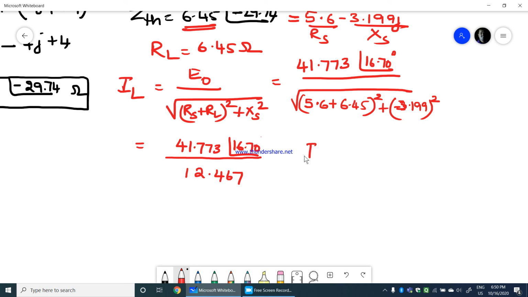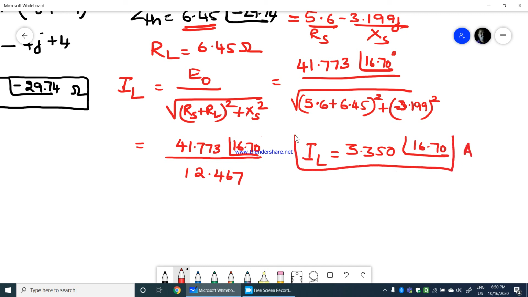So therefore IL will be equal to 41.773 divided by 12.467. You get 3.350 at an angle 16.70 amps. So this is what you get. Now power P equals IL square into RL.